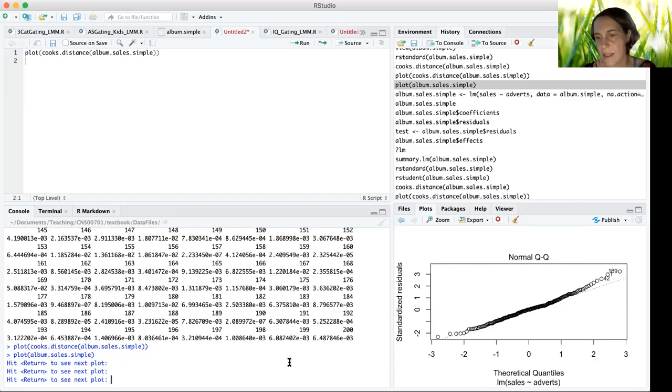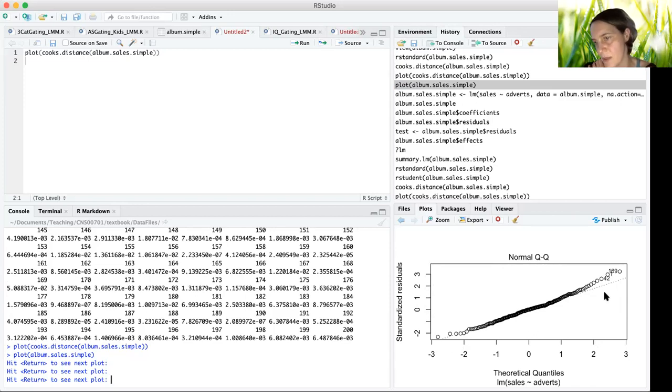The next plot is a normal QQ plot. Again, as a reminder, it is always for the residuals, and it plots the theoretical quantiles, what we would expect if the residuals were normally distributed, against the empirical standardized residuals.